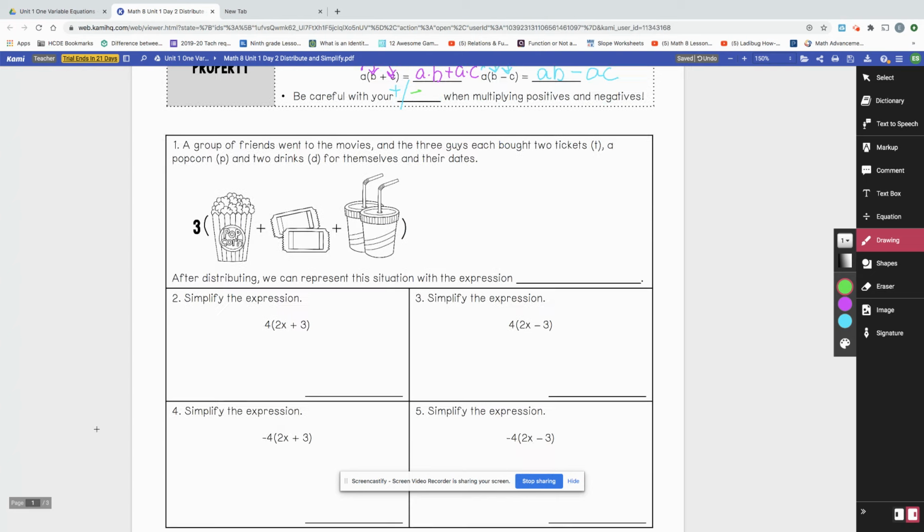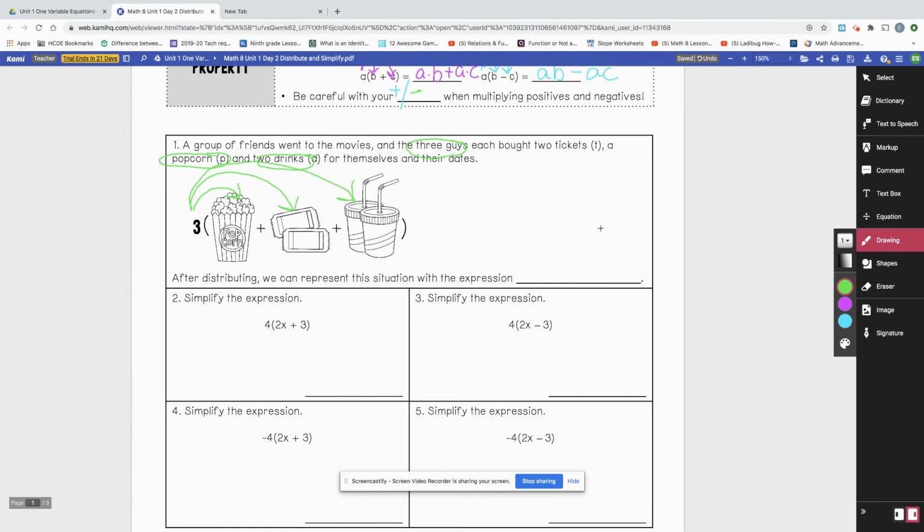So we've got a group of friends. They went to the movies. There were 3 guys who each bought 2 tickets, a popcorn, and 2 drinks for themselves and their dates. Notice right here there's a 3, and we're going to multiply that 3 times the 1 popcorn, the 2 tickets per guy, and the 2 drinks per guy.